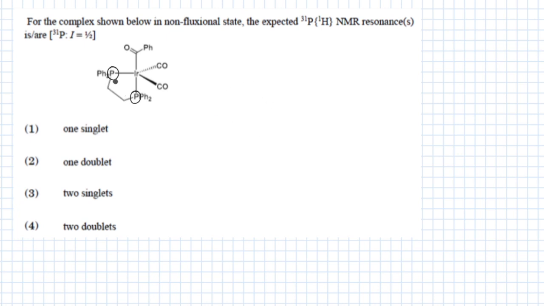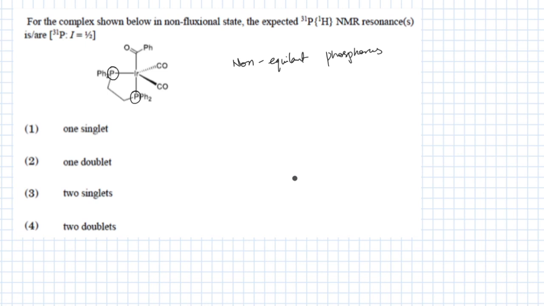So obviously they are not equivalent. This phosphorus is on the equatorial side, and this particular phosphorus is trans to this COPH group. So obviously these are non-equivalent phosphorus.